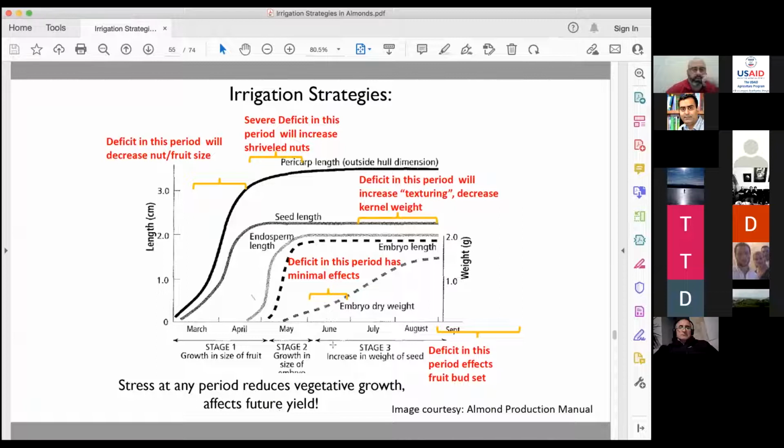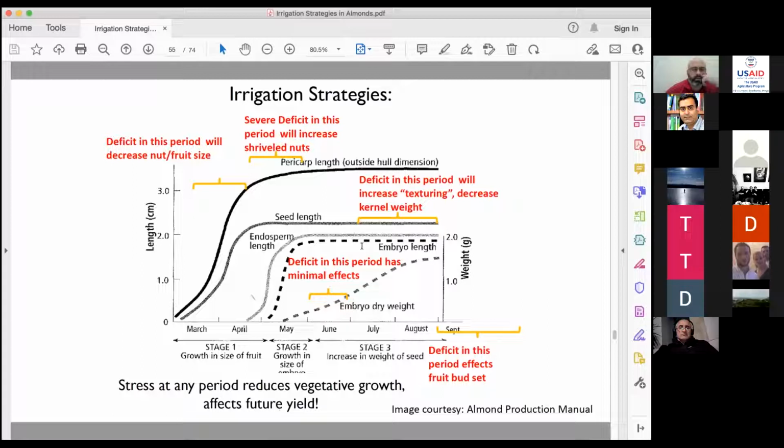That is during the month of June, where you already have your embryo size and nut size completed, and now the nut is going towards maturity and the final stage of dry weight attainment. So that is a window in time in the growth and development of almonds where you can apply some water stress or reduce the irrigation.